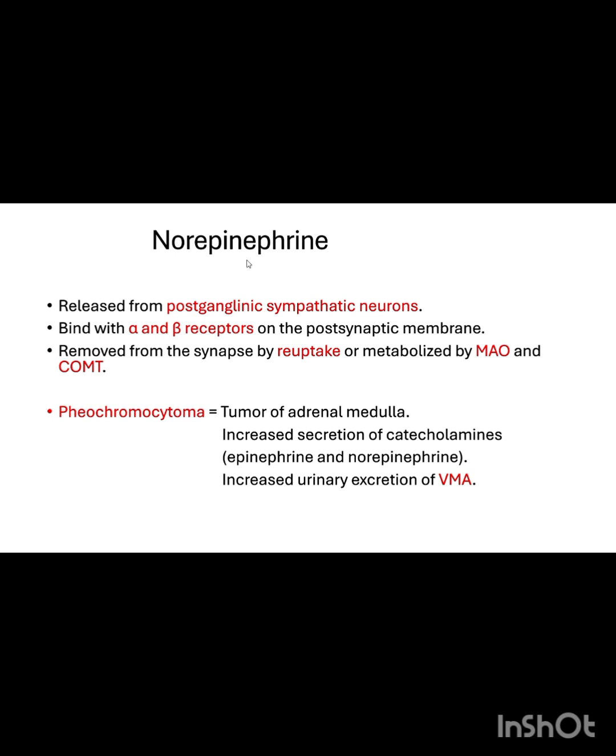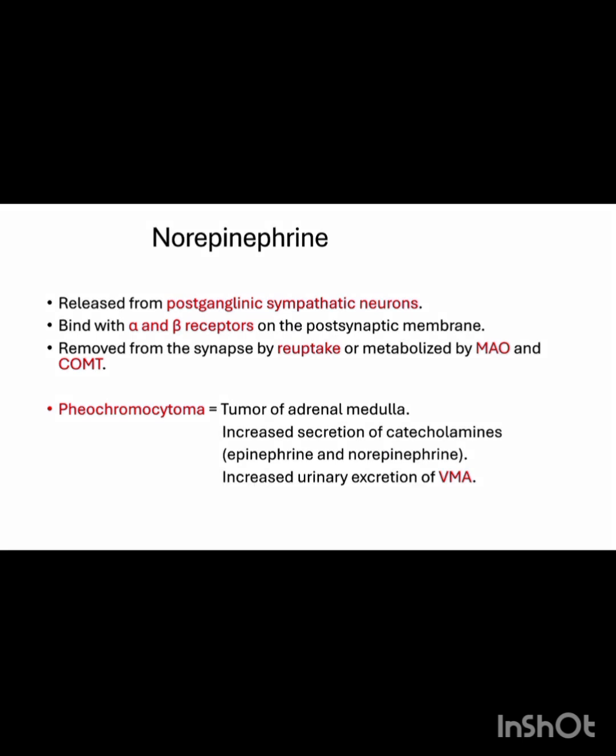Okay, so norepinephrine. Norepinephrine is released from the postganglionic sympathetic neurons. The sympathetic and parasympathetic nervous systems we will talk about in the next chapter in detail. Remember that we have preganglionic neurons and postganglionic neurons for both.